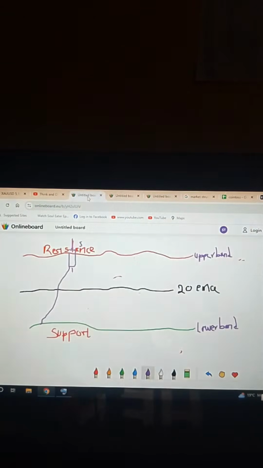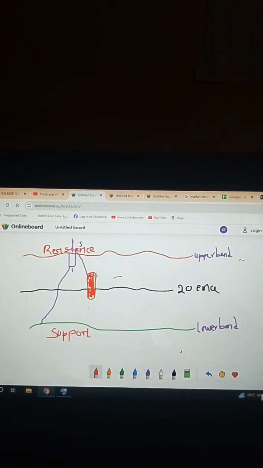Let me show you how these things work. When the market goes to the upper band here, then goes down like this and closes below the middle line like this, now I can say, oh, it's a confirmation to sell.